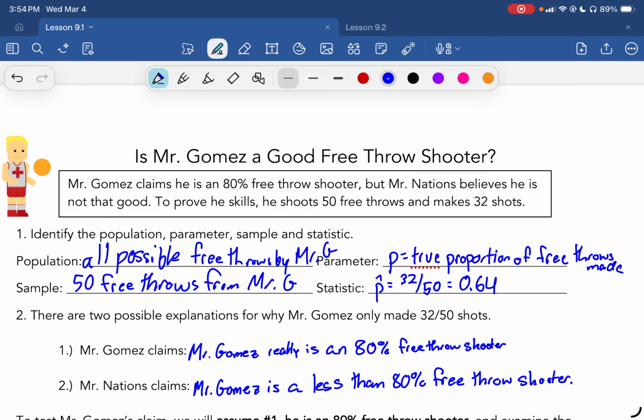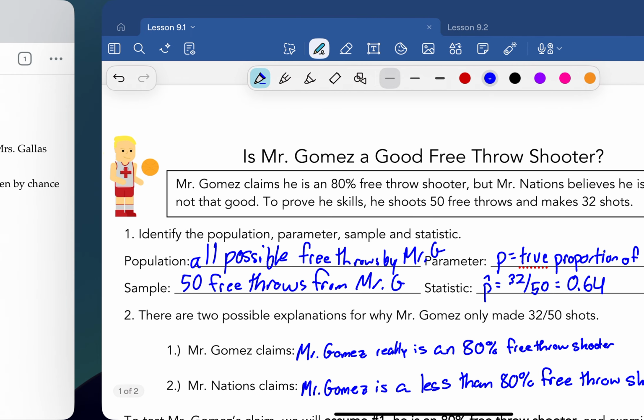Now, what we're going to do next, in class, you would have done a simulation where we had a spinner with 10 sections that are the same size, same everything. You're going to spin the spinner and take 50 samples, and 8 of those spots have make, 2 have miss, to simulate an 80% free throw shooter.